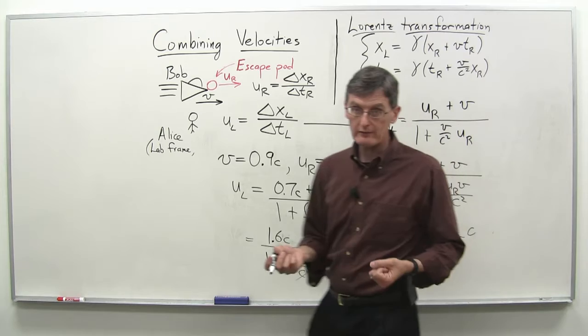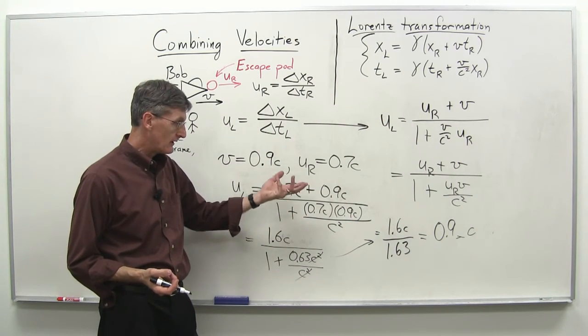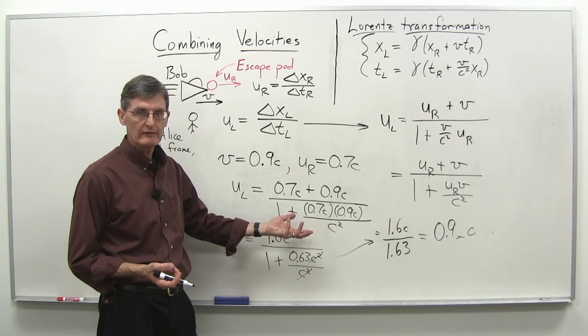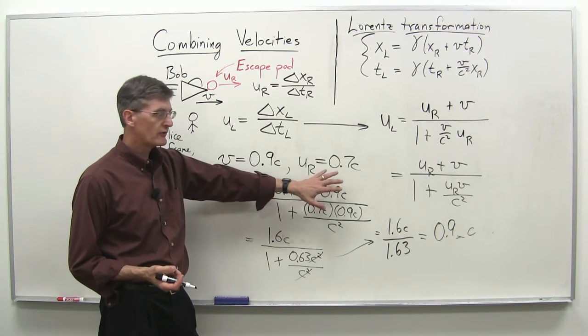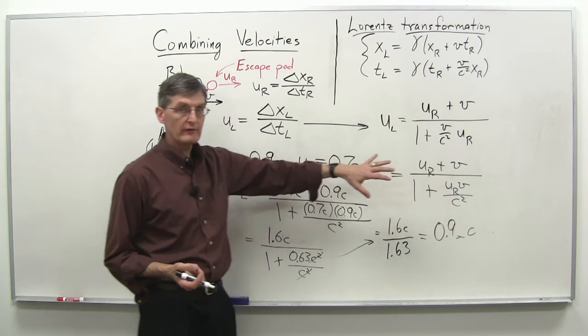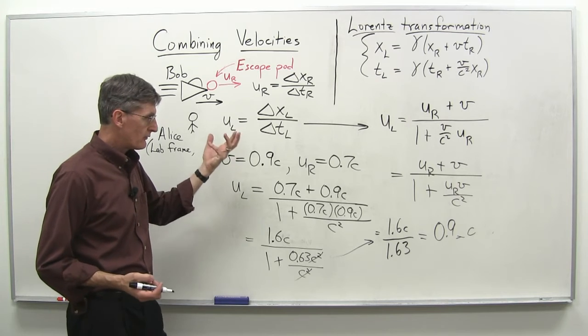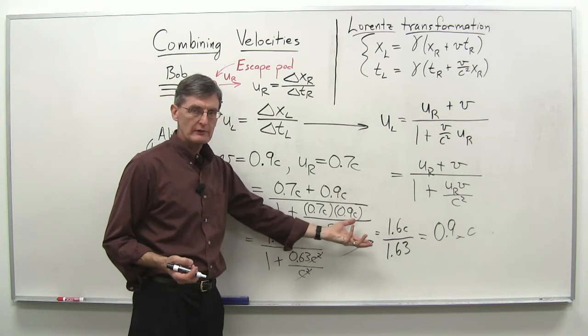The important point is not so much the exact figure, but the fact that it is less than the speed of light. In fact, the way this equation works is, no matter what speed you put in for u sub r and v, as long as they are less than the speed of light, the result will always be less than the speed of light.